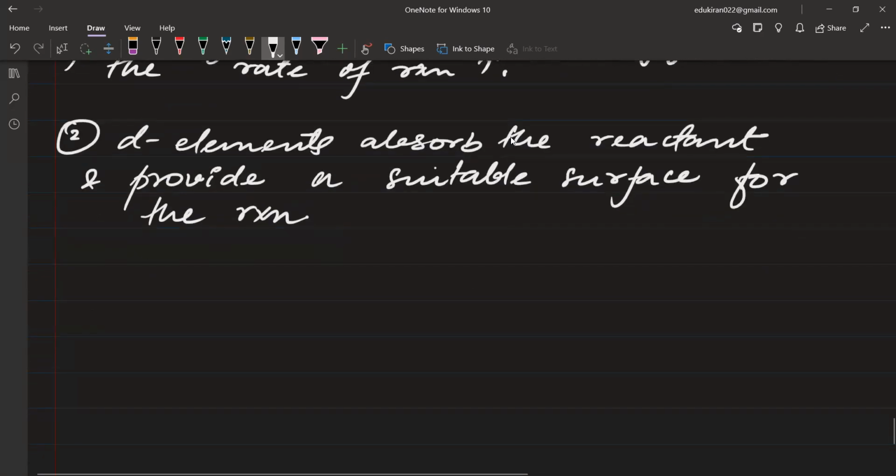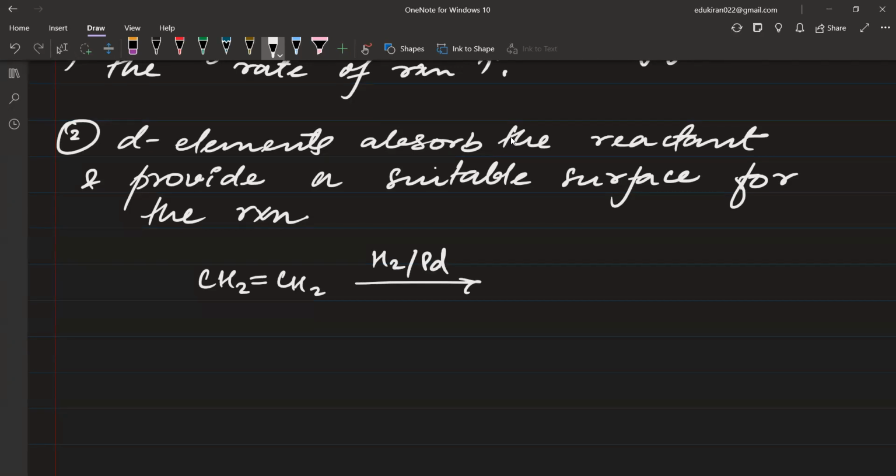One of the very famous examples that you will see is the reduction reactions. The reduction reactions you can see of CH2 double bond CH2, when we are going to convert this to alkanes, we use H2 in the presence of palladium, right? And you are going to get CH3 and CH3.